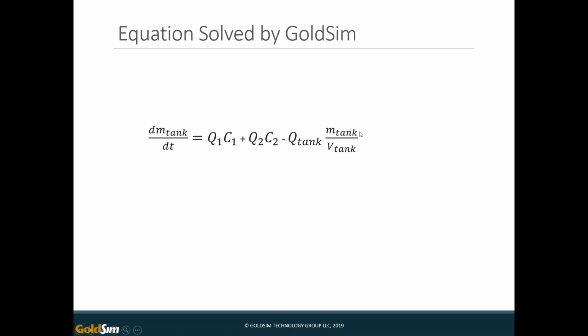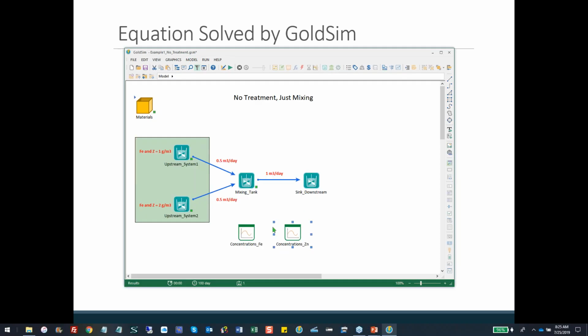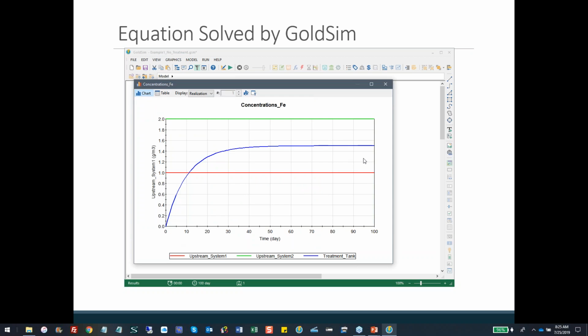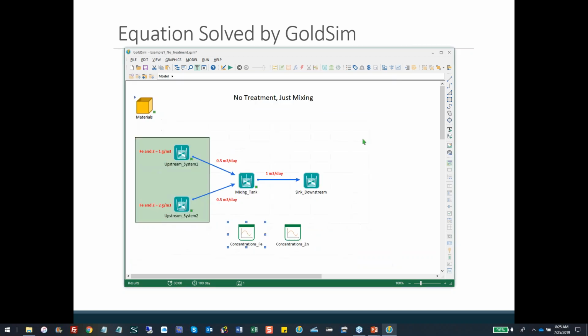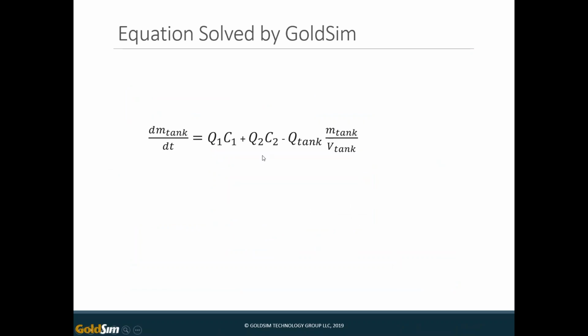And the concentration of the tank is just M tank over the volume of the tank. Well, we can solve this, and that solution basically looks like that. So very simple system, nothing fancy here at all.